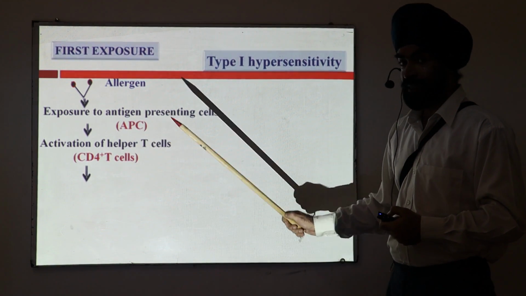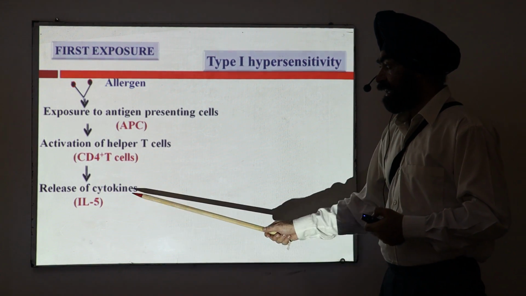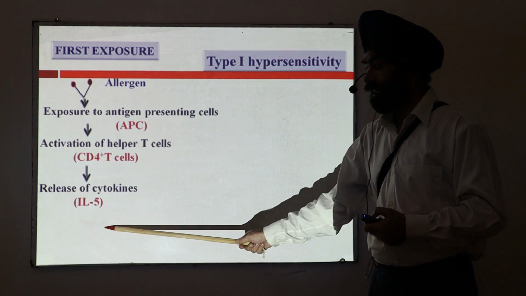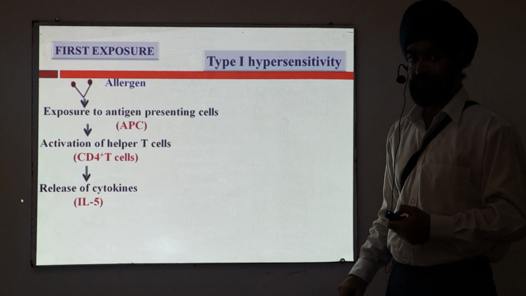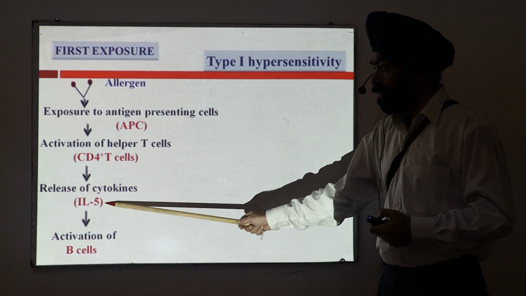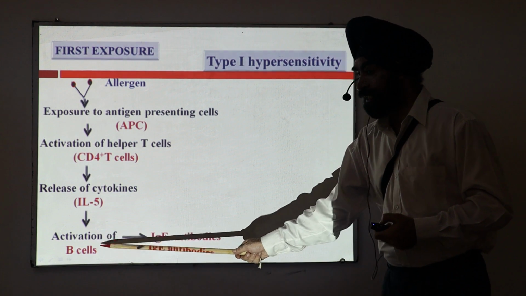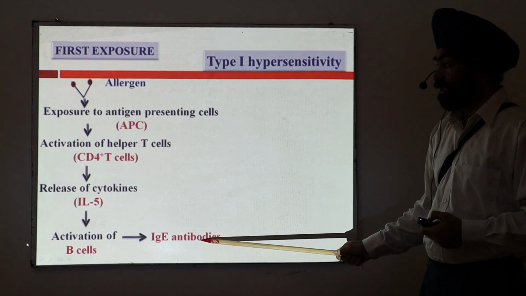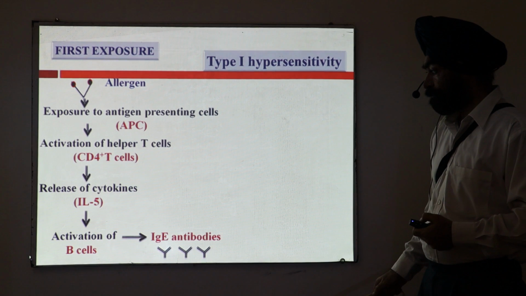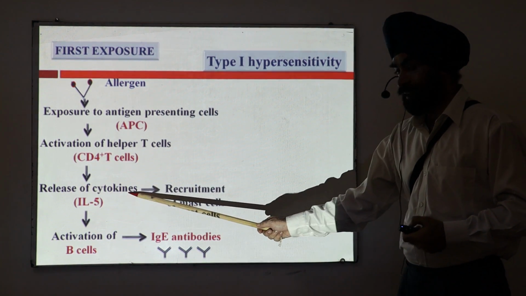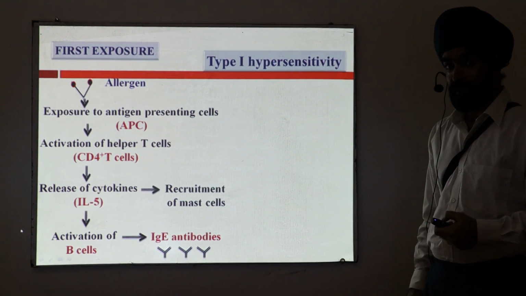Once these helper T cells are activated, there is a release of cytokines, interleukin 5, from the helper T cells. This interleukin 5 helps in the activation of B cells, which ultimately produce the IgE antibodies. Moreover, these cytokines help in the recruitment of mast cells.